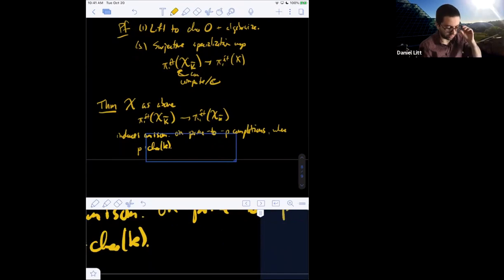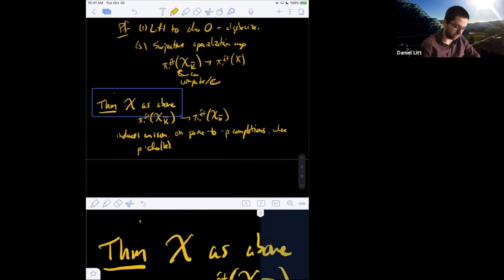You should look in SGA1 for the proof of this. It's actually not that bad. The main input is Abhyankar's lemma, but we're not going to use it, so I'm not going to prove it.